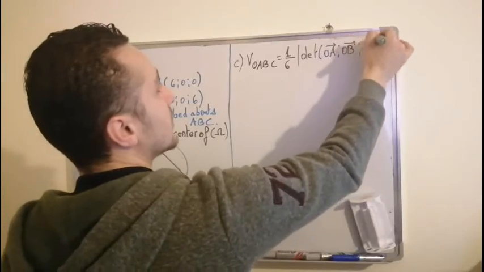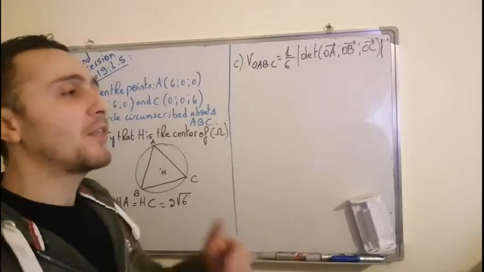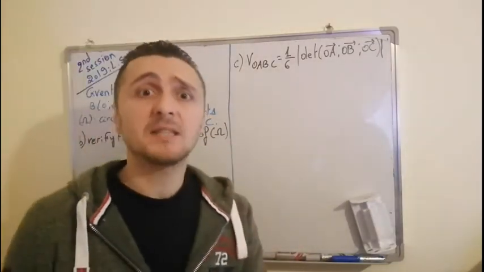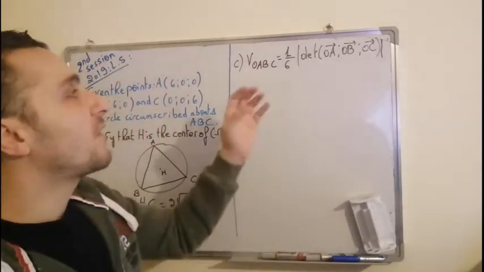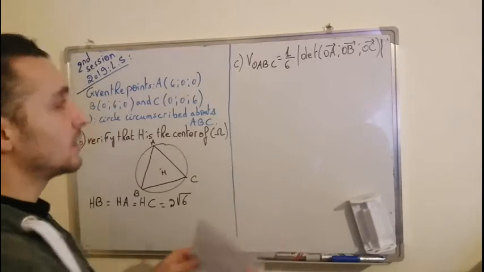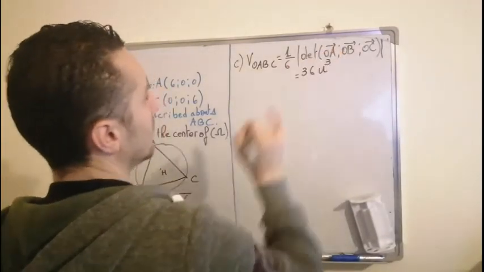By simple calculation, we can find the determinant and then its absolute value. Then we divide this quantity by 6 and we obtain 36 U cube.